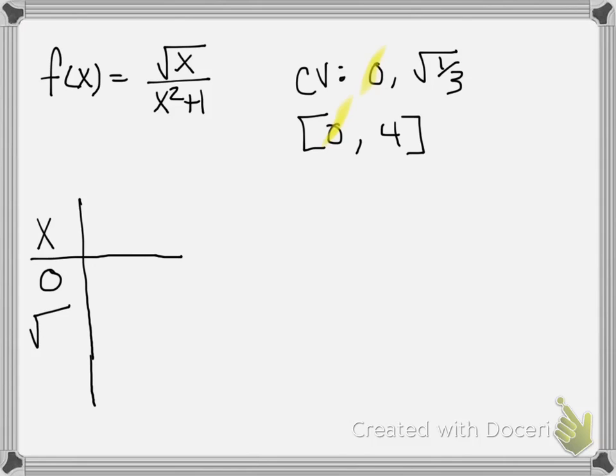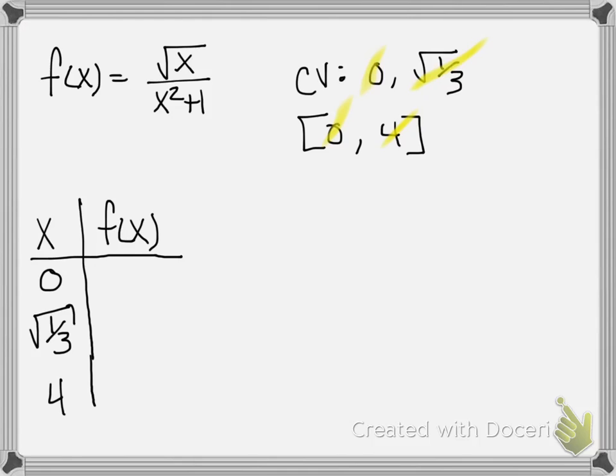And then the square root of 1/3, and also 4, since that is our other endpoint. Since the square root of 1/3 falls within that interval, we use it. And then we have our f of x.